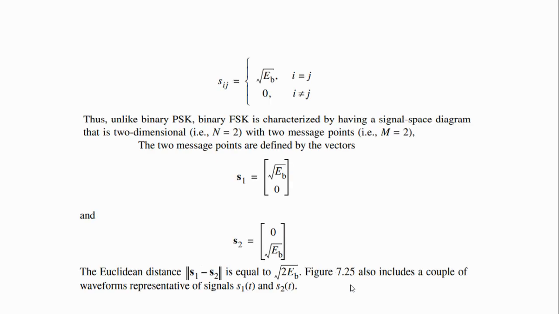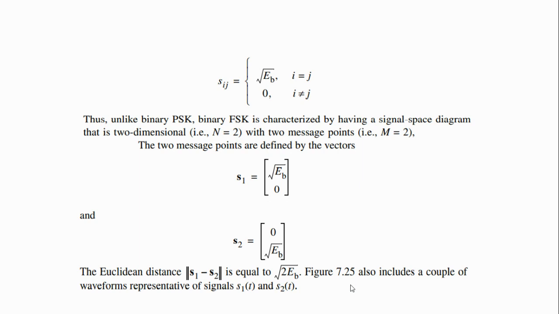Here Sij is equal to square root of Eb when i equals j, and 0 when i is not equal to j. Unlike binary PSK, binary FSK has two basis functions. It is a two-dimensional signal space, with N equal to 2 and the number of message points M equal to 2.